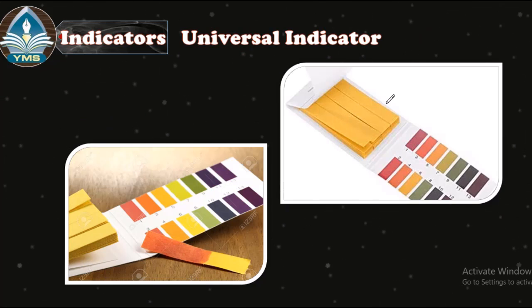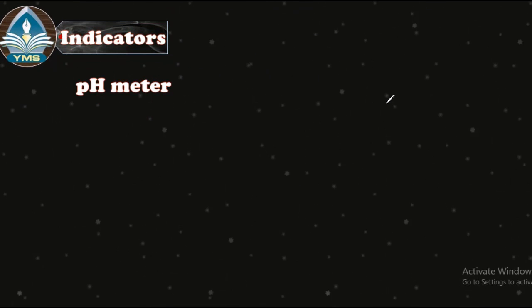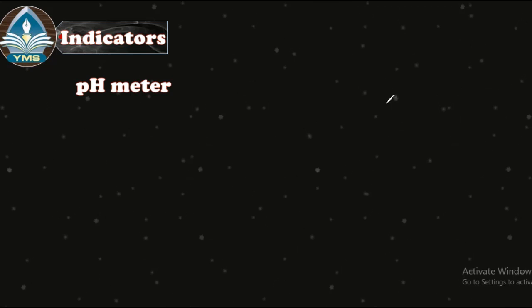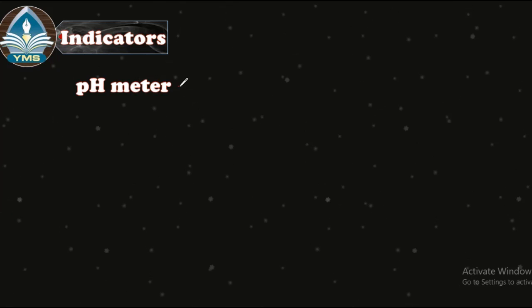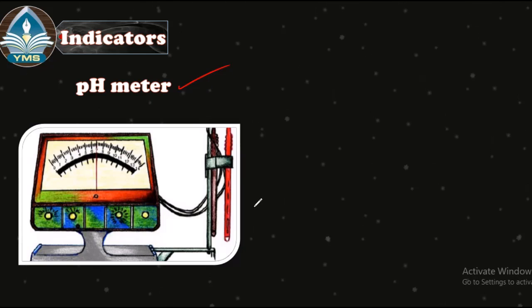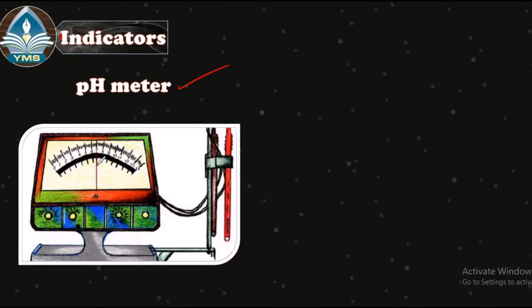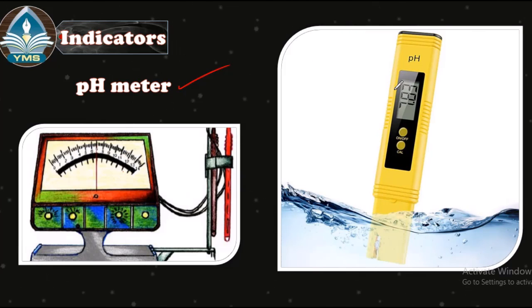All the previous ones are indicators, but now we're going to look at a device, an instrument which is used to give us the pH value, to tell us if it is acid or base, weak or strong. We call it the pH meter. The pH meter is a device, we put it in acid or base, then it's going to give us a reading here. It's going to give us 2, 3, 4. For example, this is an electronic pH meter. We dipped it in water, and water, as we know, is neutral, so it gave us 7.